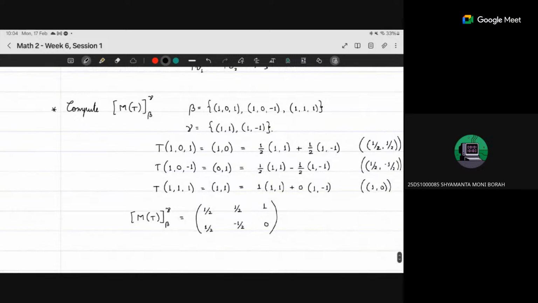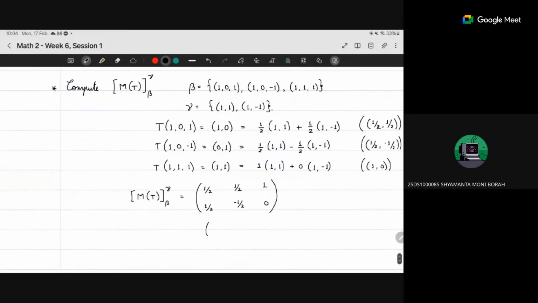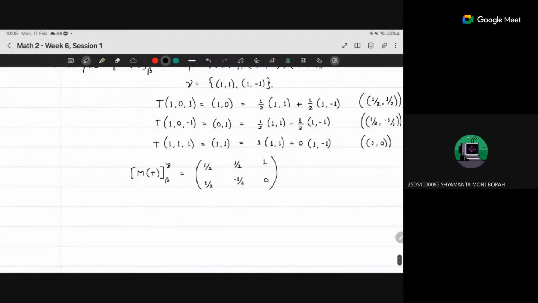So how do you express this? The image of T(1, -1) is (0, 1), right? How do you express this as a linear combination of gamma? Gamma is, in order, (1, 1) and (1, -1).